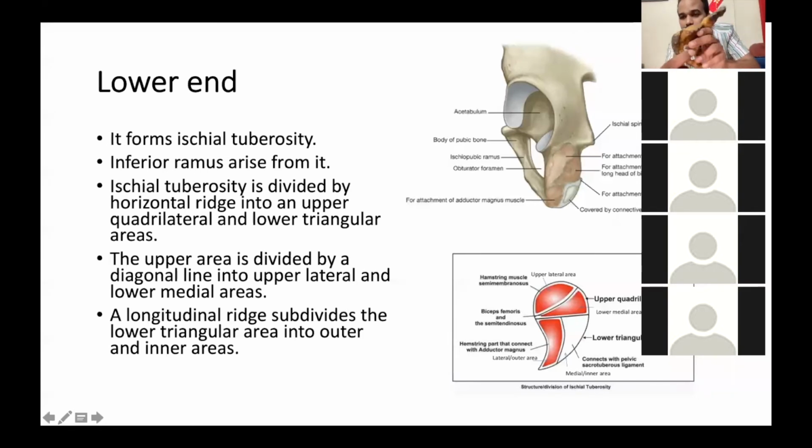Now here, this is the ischial tuberosity.